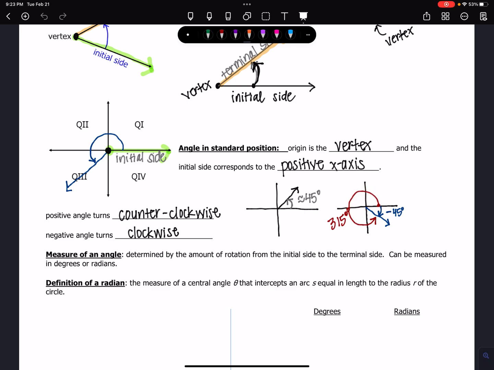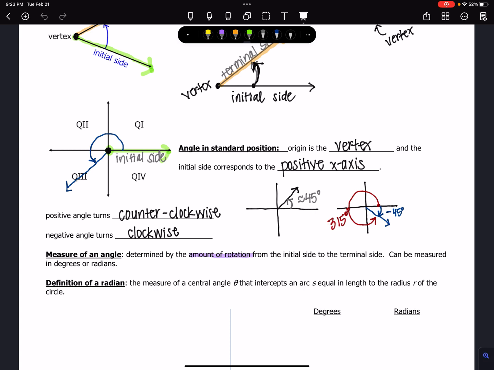That amount of rotation, that's what I'm going to highlight right here, is larger. This red amount of rotation is longer. It's a larger amount of rotation, so it's going to be a bigger angle.